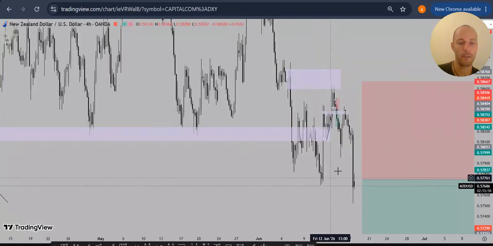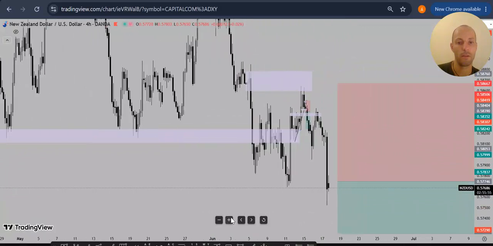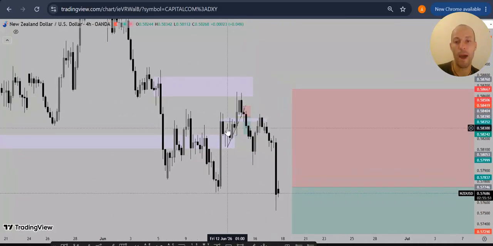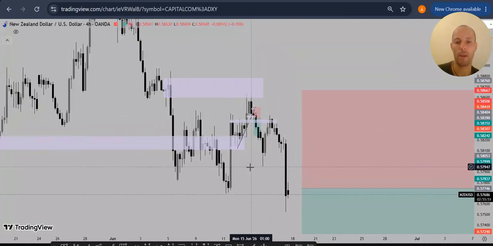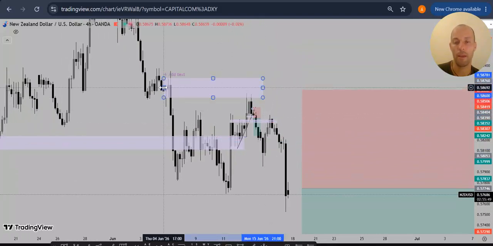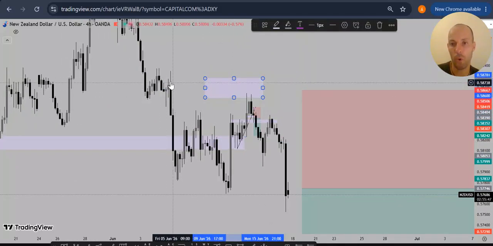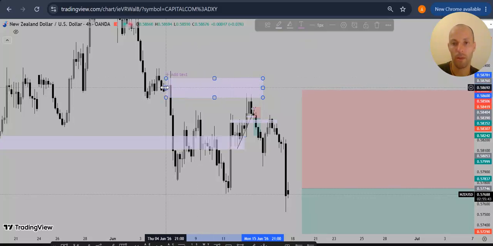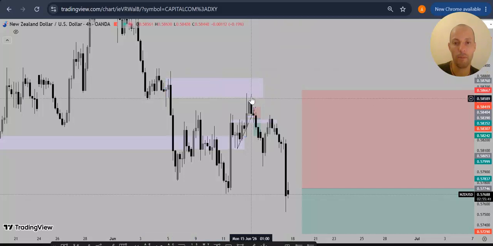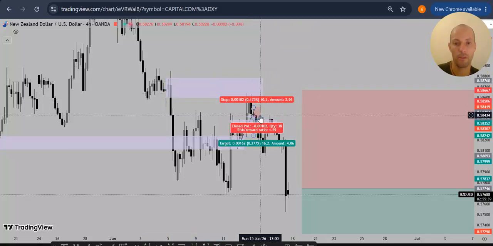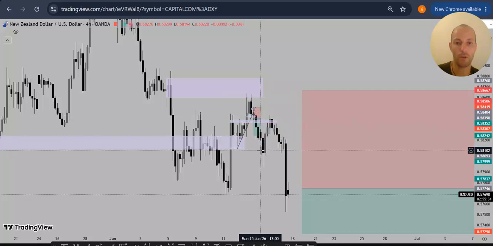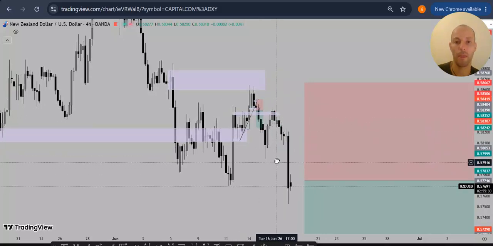Price breaks it, comes back to make a correction, and taps into this order block here. And then it reacts from there. You know, strong bearish candles, and we're ready to go down.